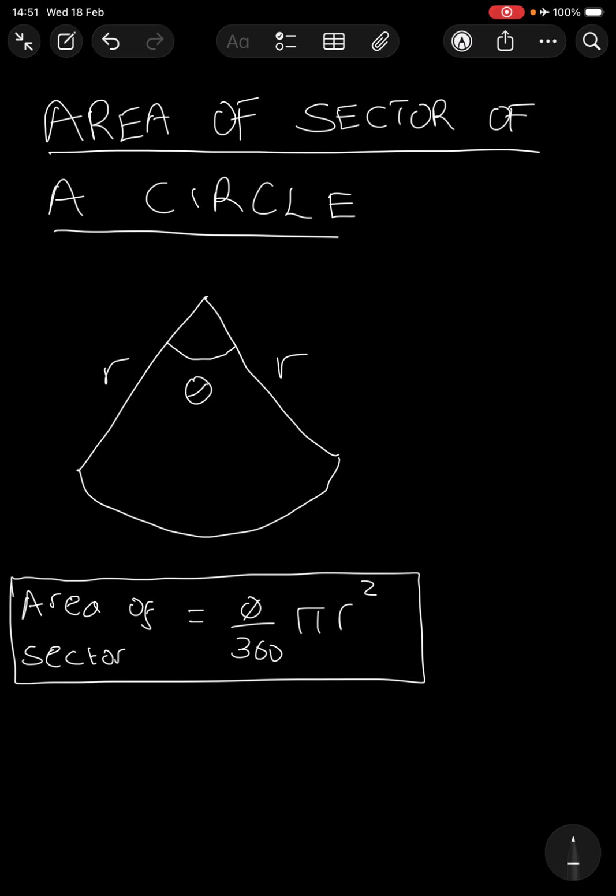So I want us to do example 1. I have said theta represents the angle, e.g. 140 degrees, 90 degrees, etc. R represents the radius.